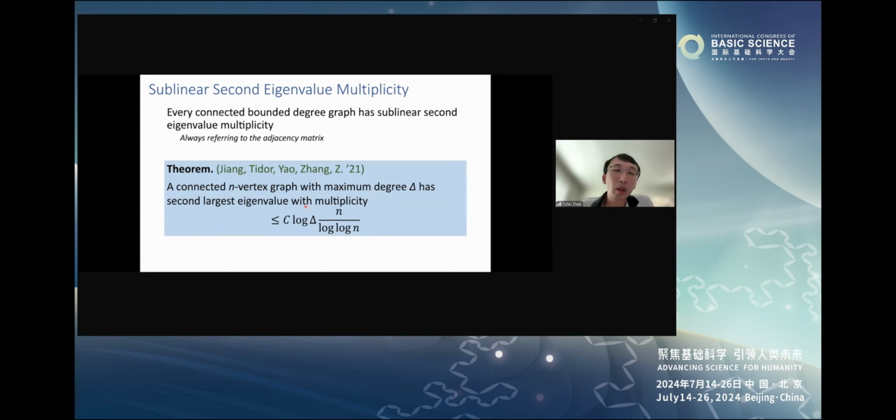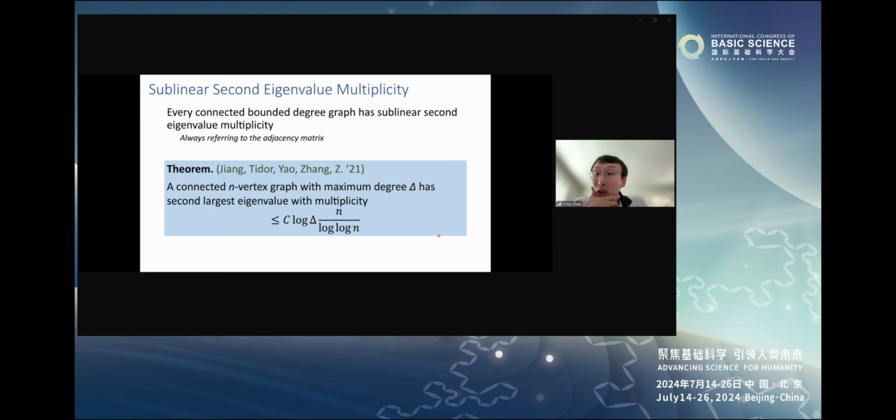So more precisely, what we proved is that a connected n-vertex graph with maximum degree delta has second largest eigenvalue with multiplicity at most this bound, where the relevant thing for us is that for fixed delta, this quantity is sublinear in n. It's n over log n. Okay.